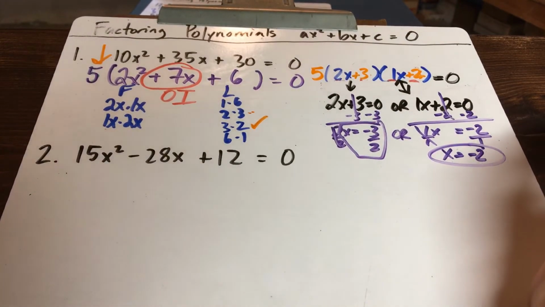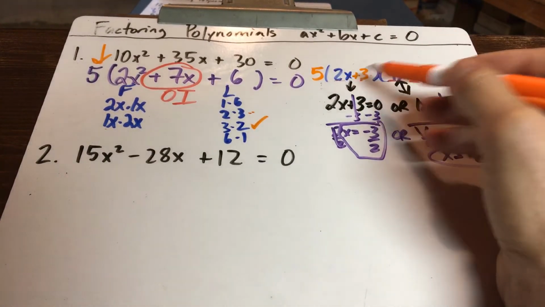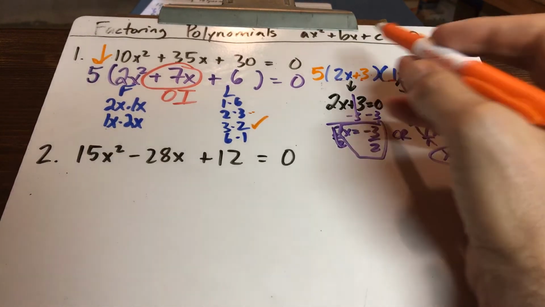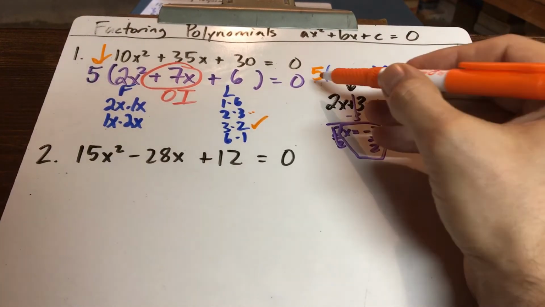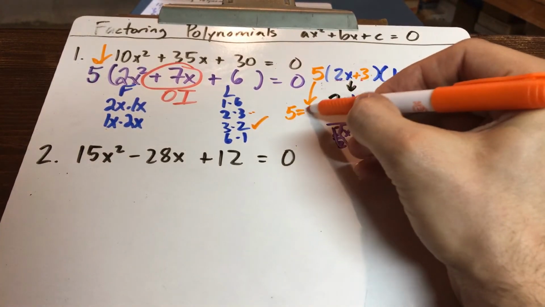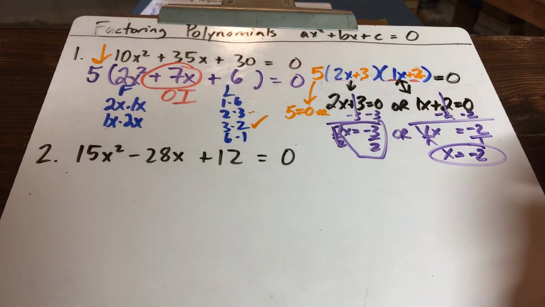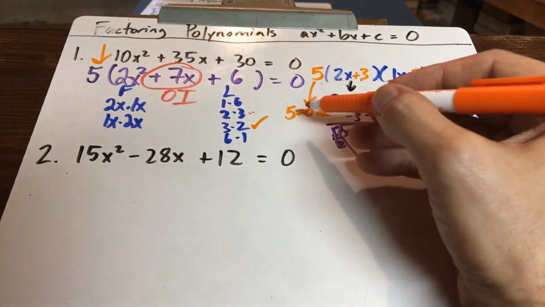But it really doesn't play a part in the answer because it's really only the parentheses that you're concerned with, right? This doesn't have a variable. And so honestly, you could say, hey, wait a second. Shouldn't you have said 5 equals 0 or 2x plus 3? Could you have made all 3 of them equal 0? You could, but does 5 really equal 0?